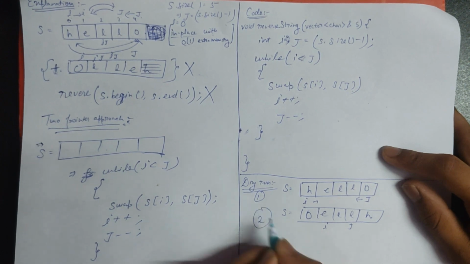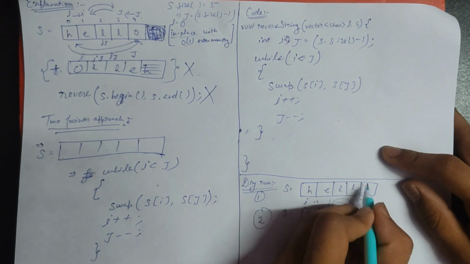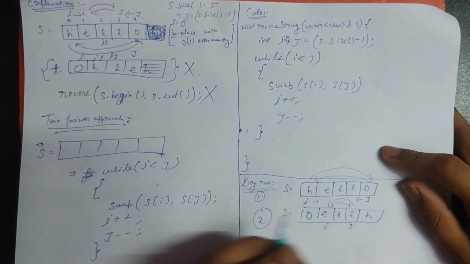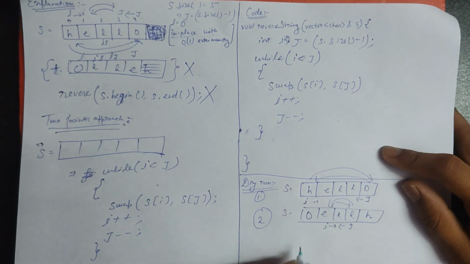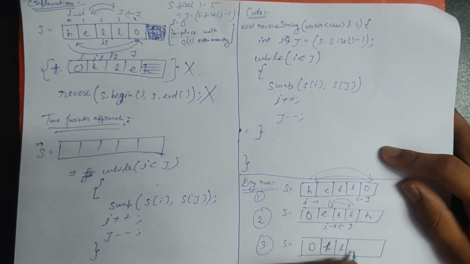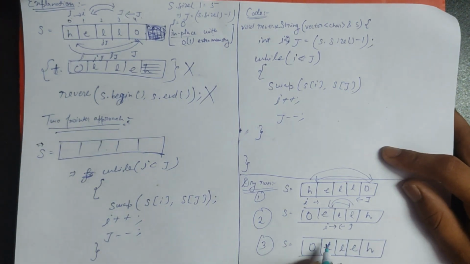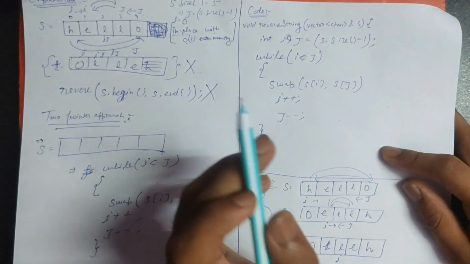At the second step, these two values will be swapped. i will be incremented and j will be decremented. So s will look like O, L, L, E, H. And this is our desired output, as i and j will be at the same position, and so the loop will be terminated at this point.